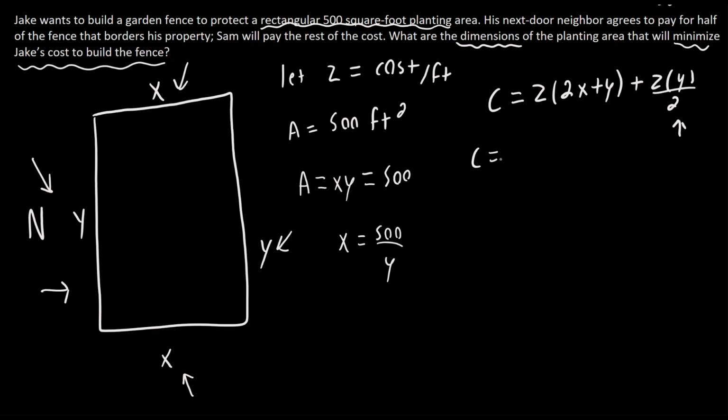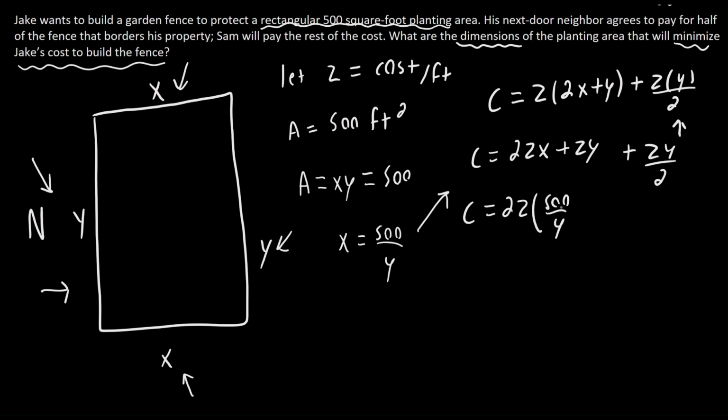We could expand and we're going to get 2zx plus zy plus zy over 2. So now we could just sub in x. So we're going to get 2z times 500 over y plus zy plus zy over 2.